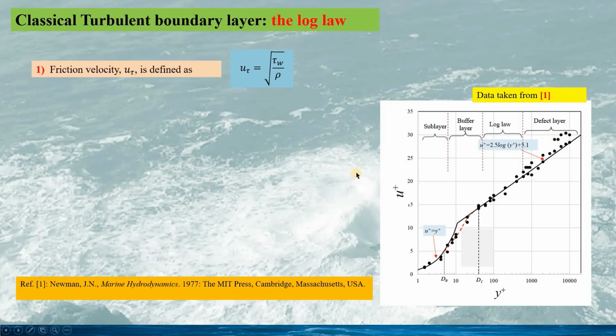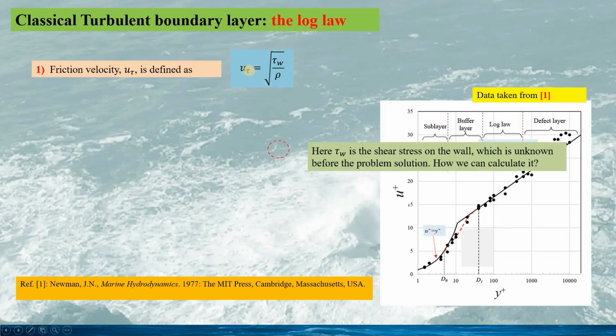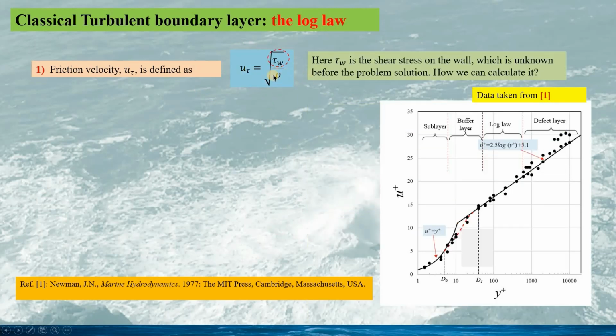For mathematical representation of the boundary layer, we can define some important parameters, such as the friction velocity u tau, defined as this expression. Here, rho is the fluid density and Tw is the shear stress on the wall, which is essentially unknown before the problem solution.